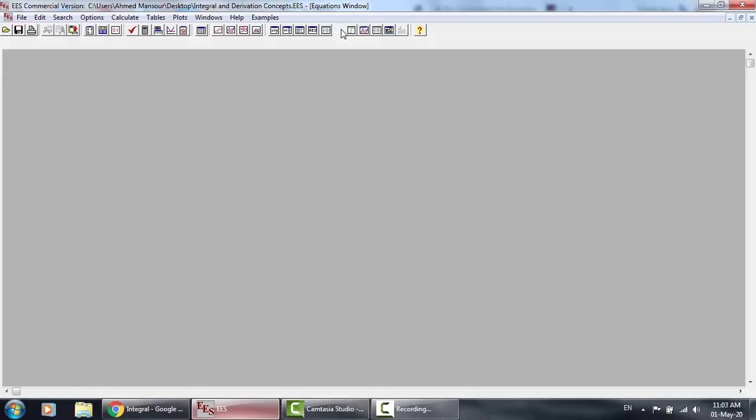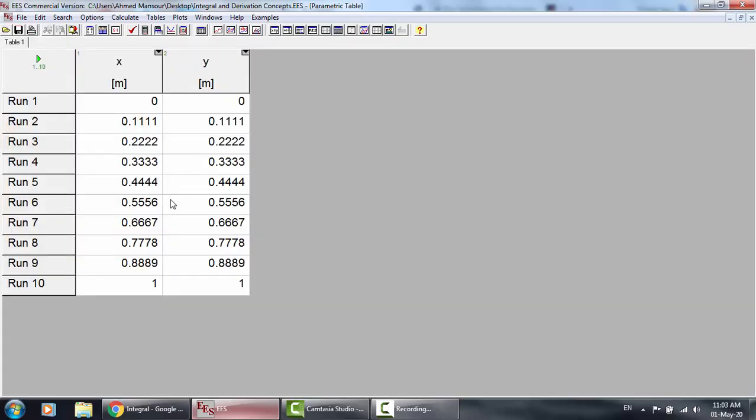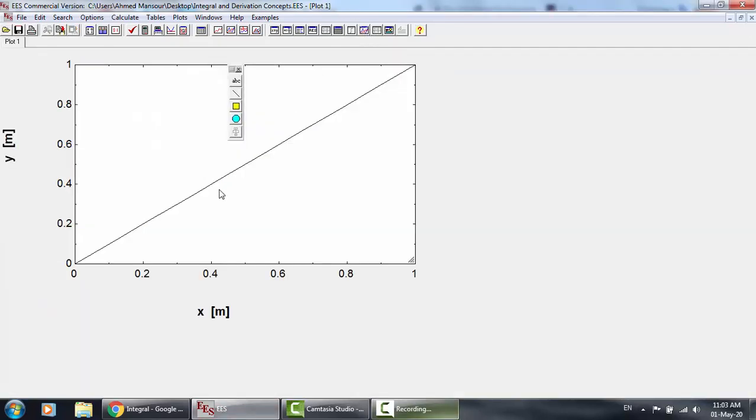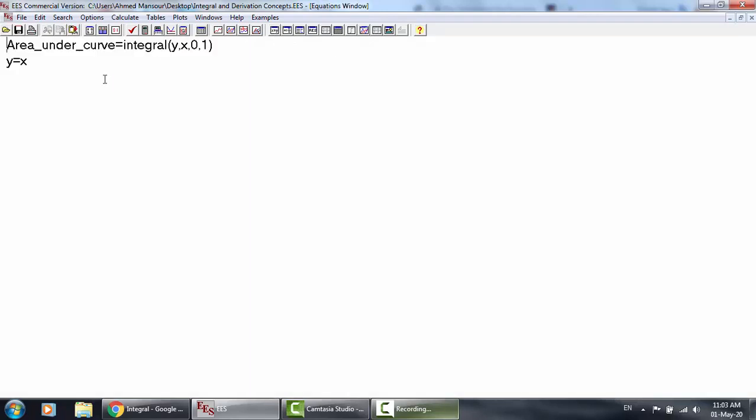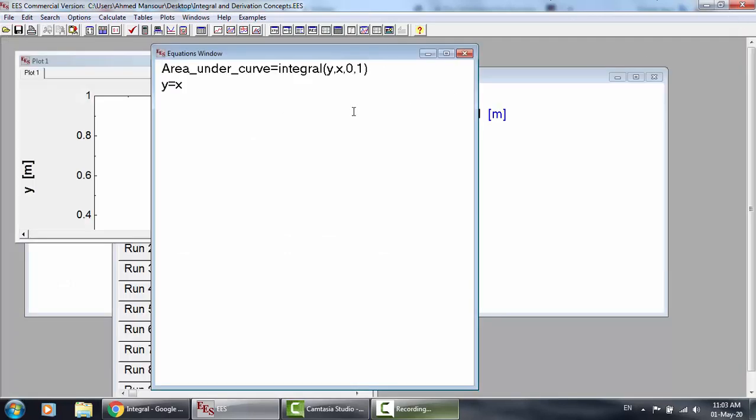So what we got here also, this is the change in x, and here is y. So now, this is the integral. It means the area under the curve. Now let's come to the most amazing part, the derivative.